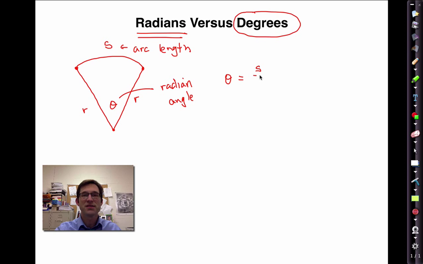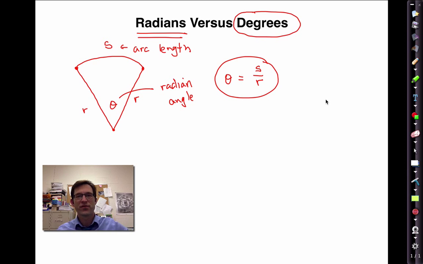Theta equals s divided by r. So when we measure angles in radians, what we're really measuring is the ratio of the arc length to the radius. Boy, isn't that helpful. Well, maybe not so much. That formula is important, and it gets used for all sorts of problems.